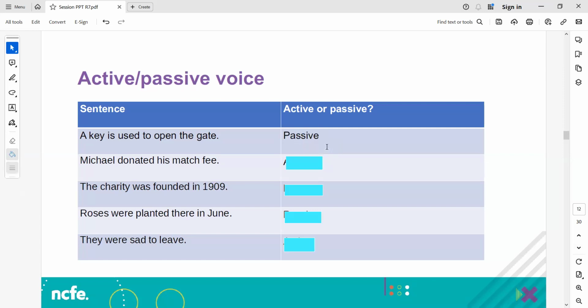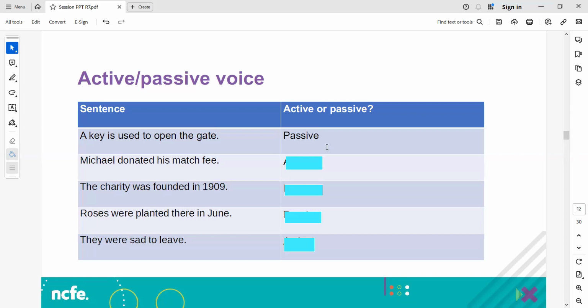In an active voice, that could change to he used a key to open the gate. So he would be the object and the key is the subject. But here the subject is at the beginning of the sentence. A key is used. So it's passive.